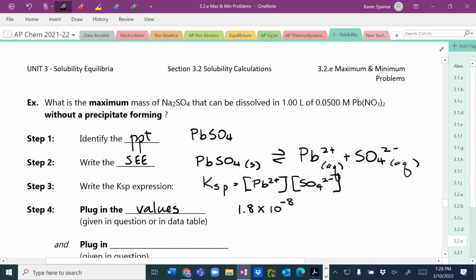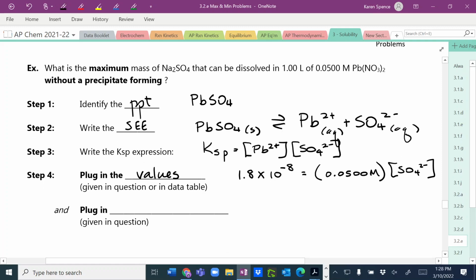You can solve for SO4 first, it doesn't matter. Concentration of lead, 0.0500 molar. Concentration of SO4 2 minus. You can write X here instead, but you can also just leave it as SO4 2 minus. And then you would just solve for SO4 2 minus.